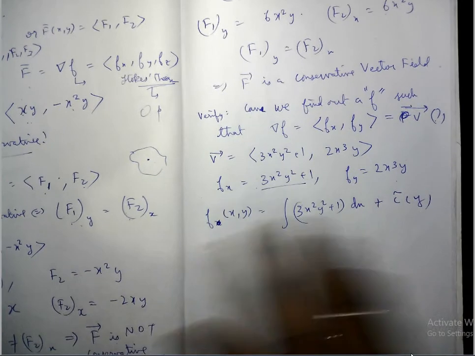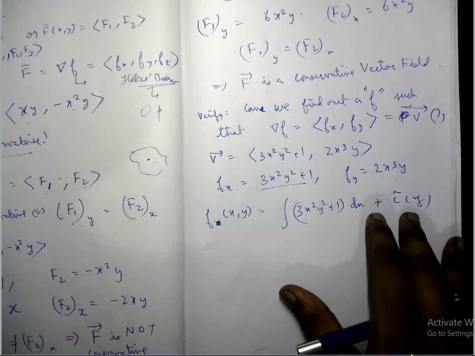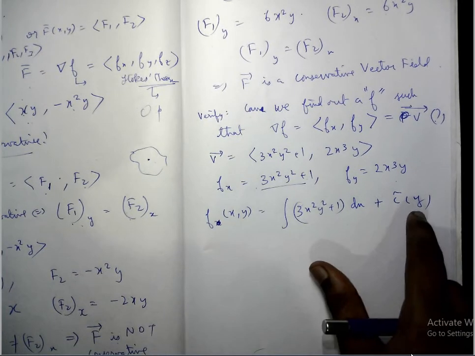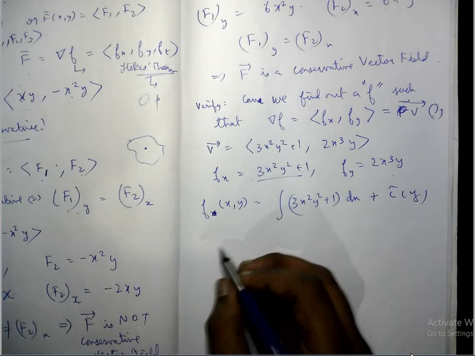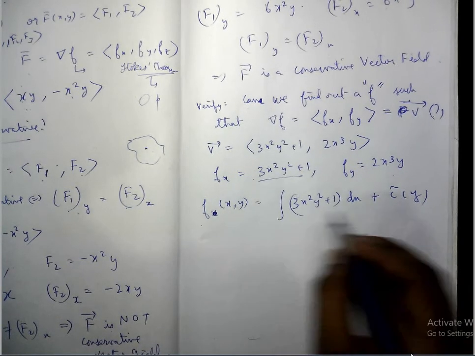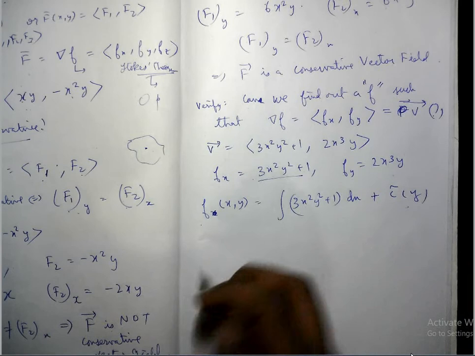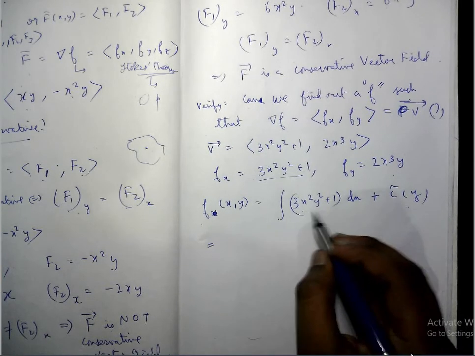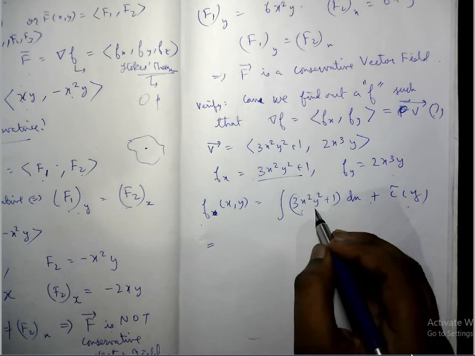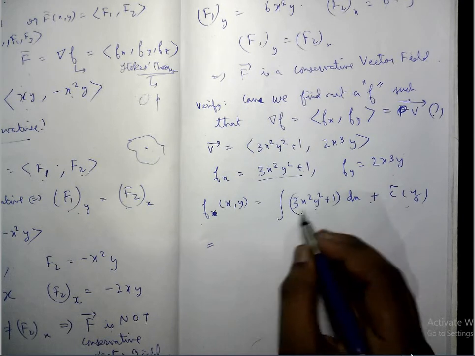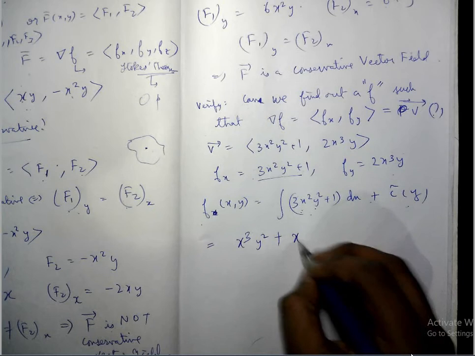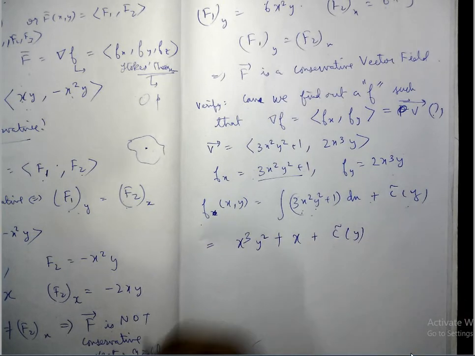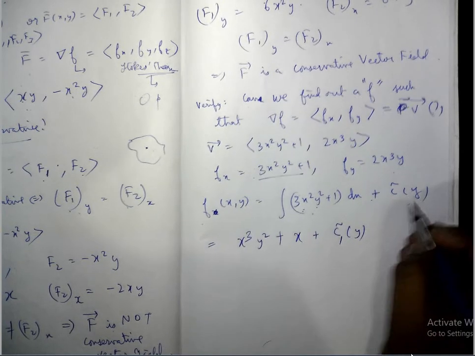So instead of keeping a constant here, we put a function of y, which is not a function of x but only of y. You have to integrate this partially with respect to x, which means you treat y as a constant. So the integration will be x³y², since we are treating y as a constant, plus x plus c̃ of y. Let's say c1 tilde of y.